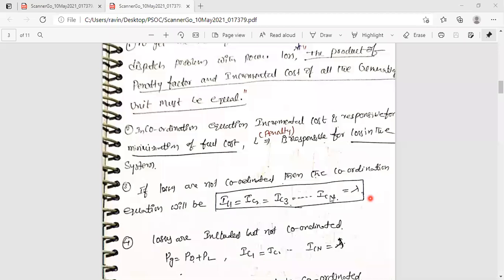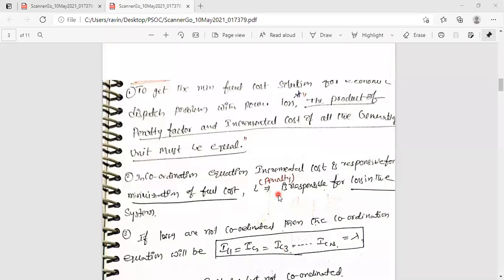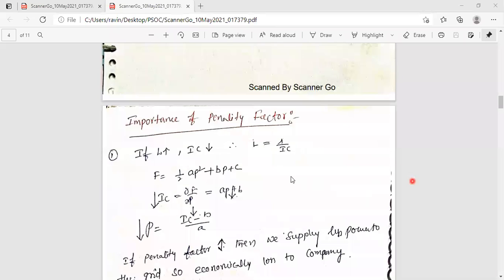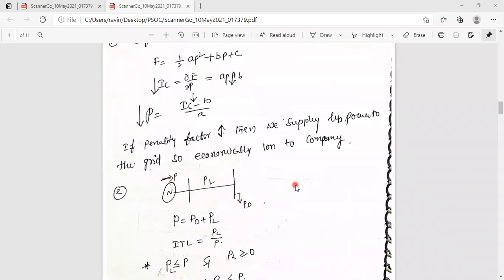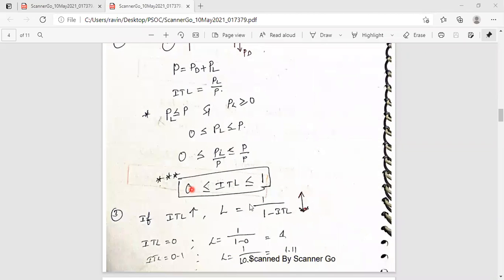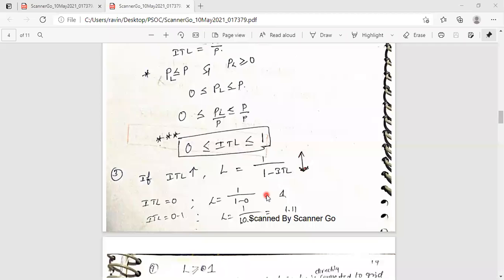Remember that this is the coordination equation without loss. Increased power production is power generation, and it is a loss to the company, right? And 0 is less than or equal to the penalty factor, which is less than or equal to 1.